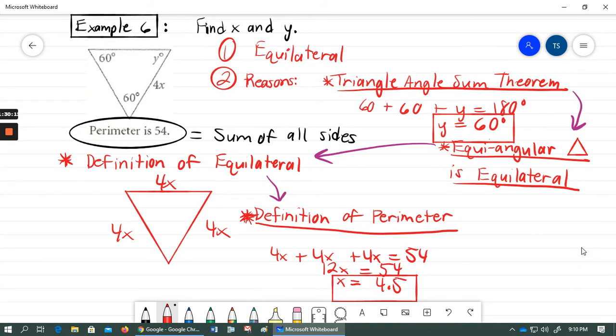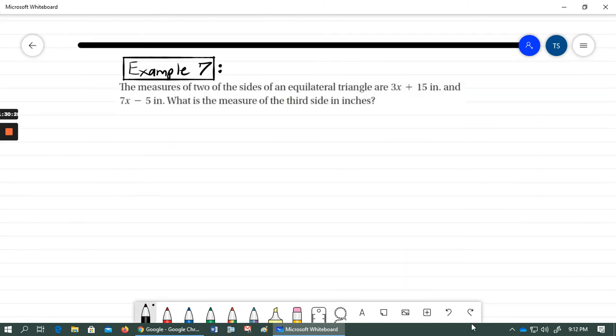All right, guys. Next, I just want to show you real quick what it would look like if some of your problems were word problems. All right. So in this example here, example 7, they don't give you a diagram.